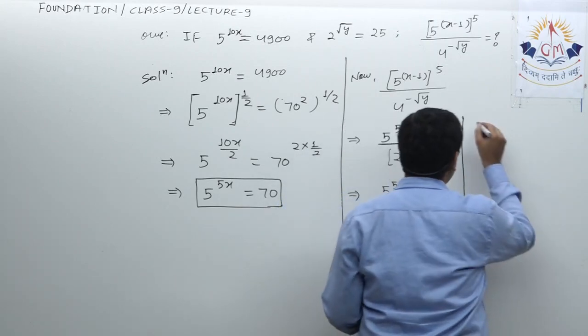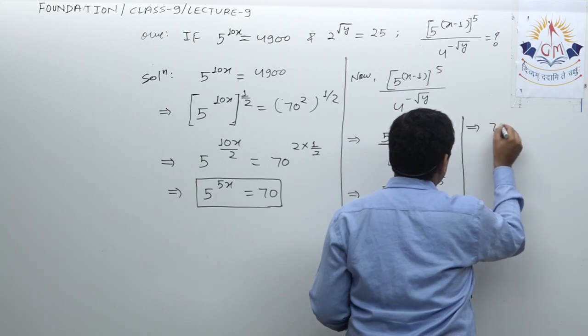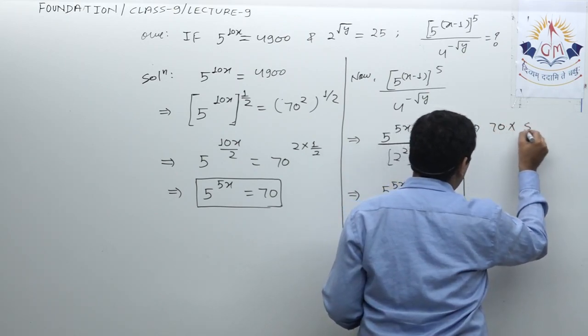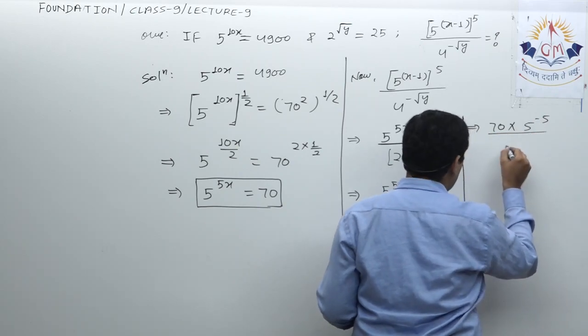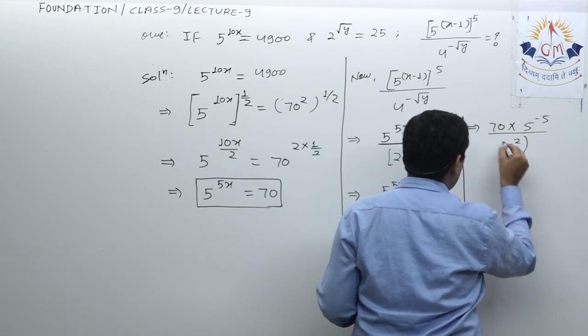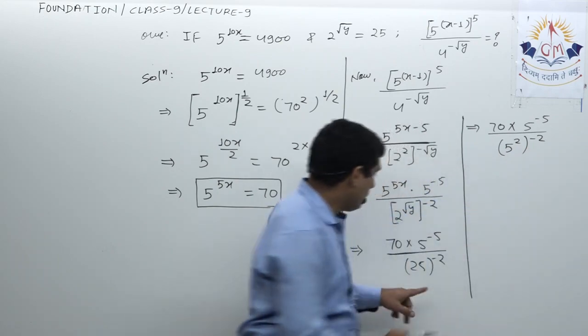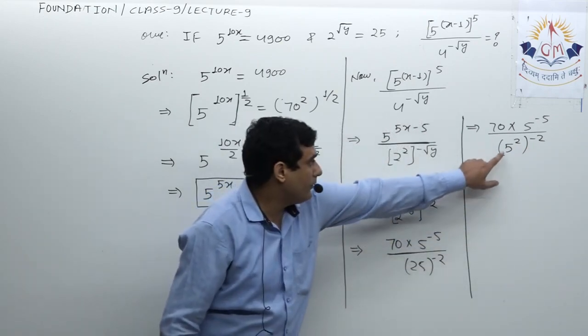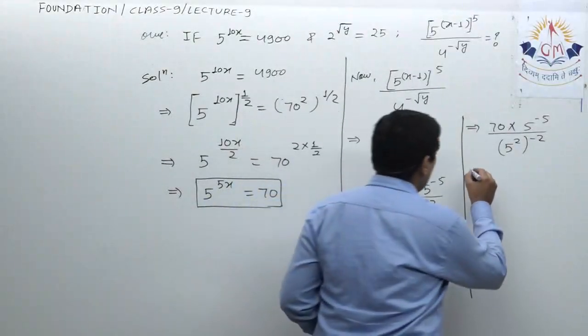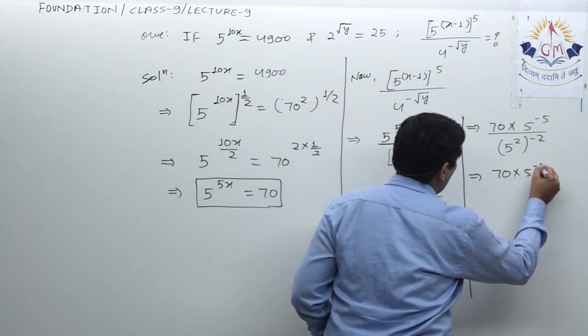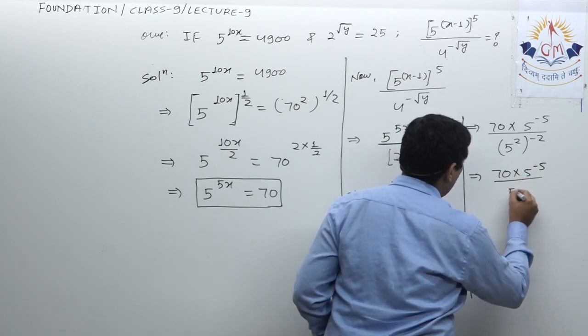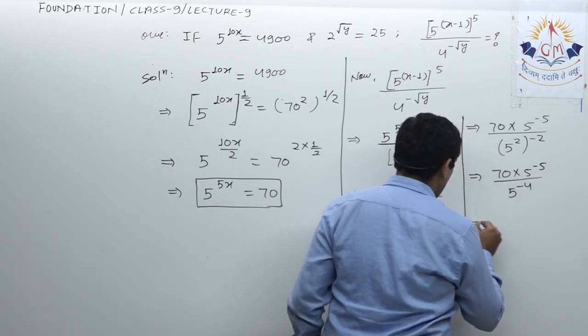Now this will become 70 multiplied by 5 raised to minus 5, and the denominator is 5 square raised to minus 2. This 25 I wrote as 5 square. So this is 70 multiplied by 5 raised to minus 5 upon 5 raised to minus 4.